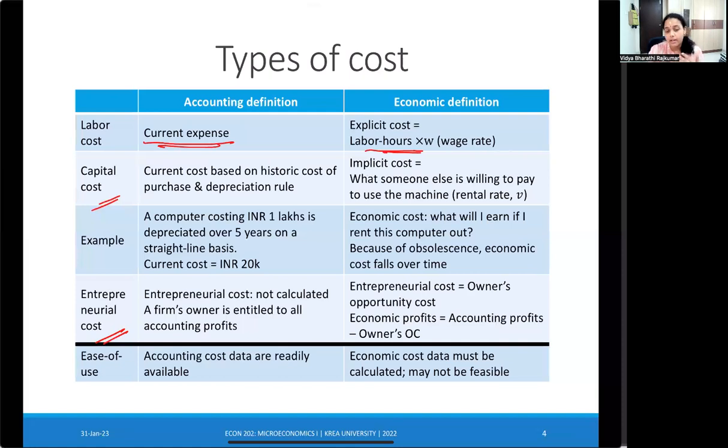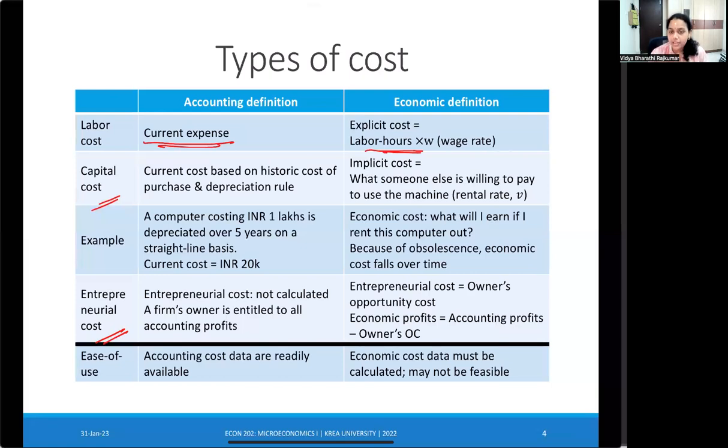If they were engaged in another venture, putting all of their skills to use, they would have been paid a certain amount of salary. So that salary, which they will make somewhere else, will become their opportunity cost here. So the economic profits of the firm will also account for all these types of opportunity costs.